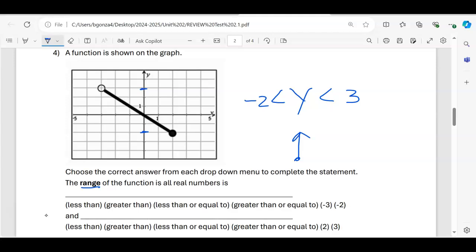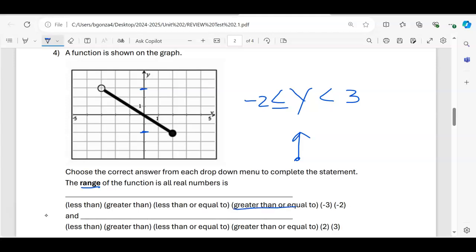And the bottom, negative 2, is shaded, so this has to be underlined. The top is open, so it's not underlined. Okay, but how do you say that, or how do you write that, or select that verbally? Okay, so the range is all real numbers that are, what's this one? You always start off with greater than, but this is underlined.